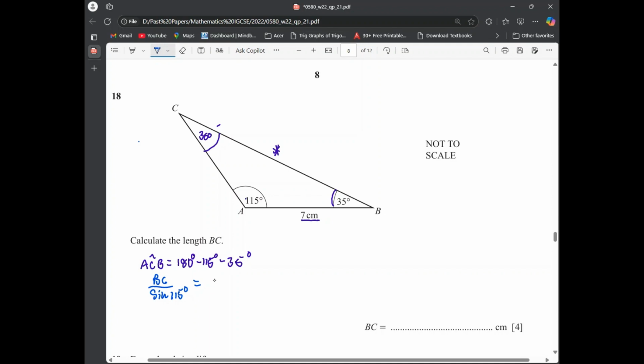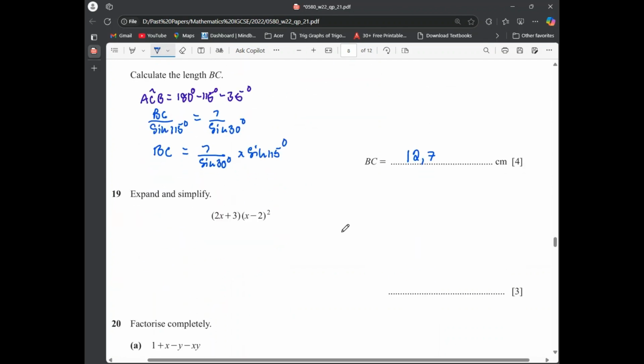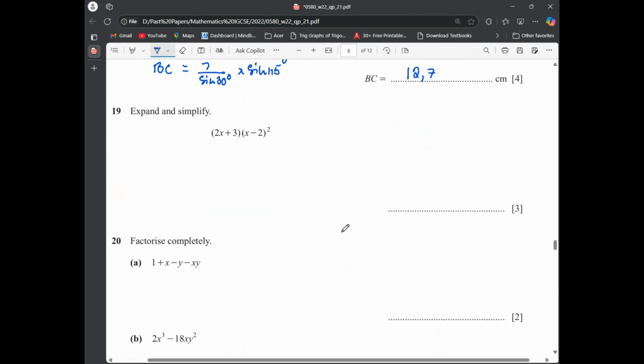So starting with the length, of course, 7 divided by the sine of 30 degrees. So BC is then equal to 7 divided by sine 30 degrees, which is 7 divided by half. That's going to be 14 multiplied by the sine of 115 degrees. And our final answer, BC, is 12.7 centimeters.